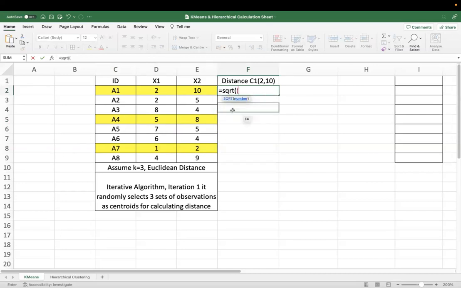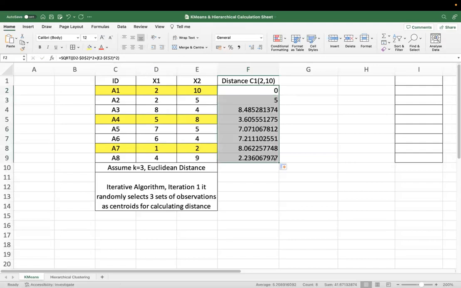SQRT, open bracket, this minus this, fix the value because it is the distance from that particular cluster, to the power of 2, plus open bracket, 10 minus 10, again fix it, to the power of 2. That is the square root of (x2 minus x1) whole square plus (y2 minus y1) whole square. You got 0. Now, if I drag the formula down, I'll get the distances for all the observations.